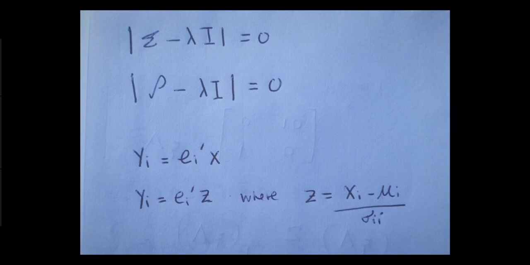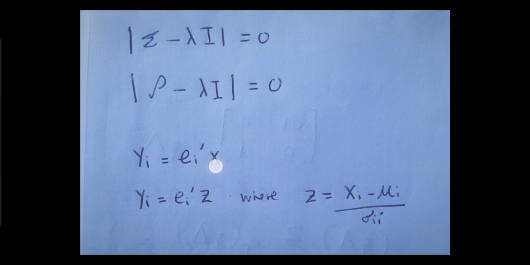But if we want to find the principal components obtained from the standardized variables, we will use the correlation matrix to find the value of lambda, which is the eigenvalue. Okay, so this is the formula. Just replace big sigma with the correlation matrix rho. So the other steps are equal.